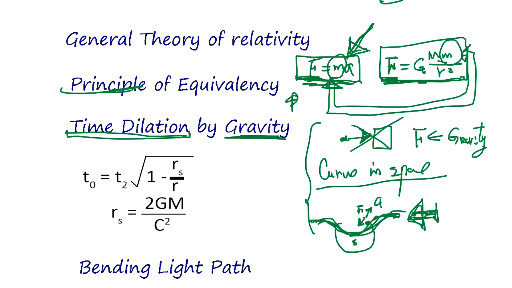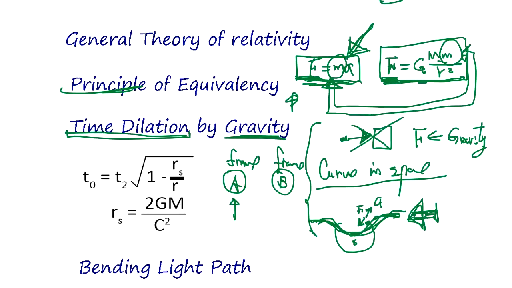In this Einstein equation, time is also individual to frame A and frame B, and this time it's not just inertia.